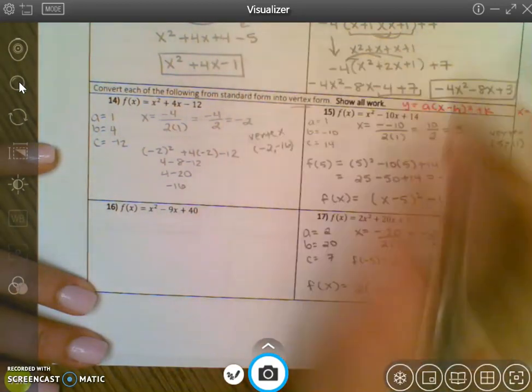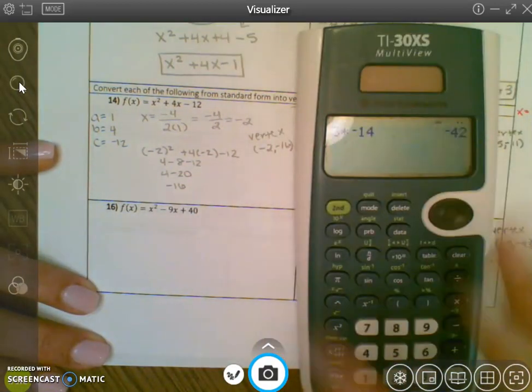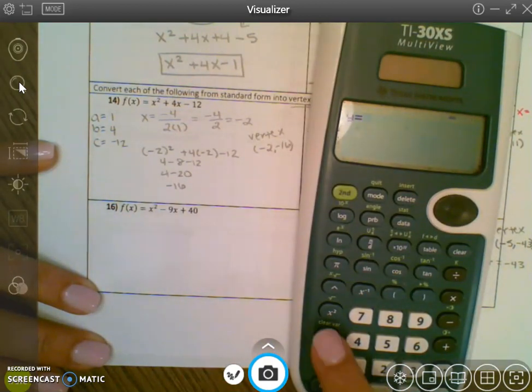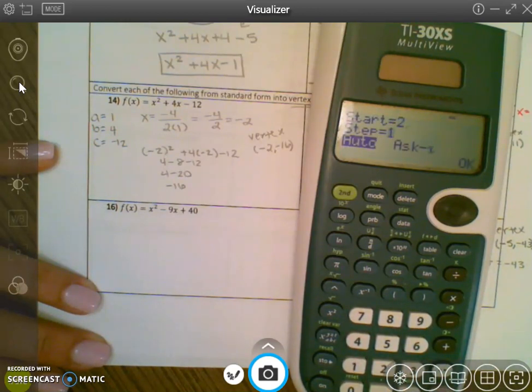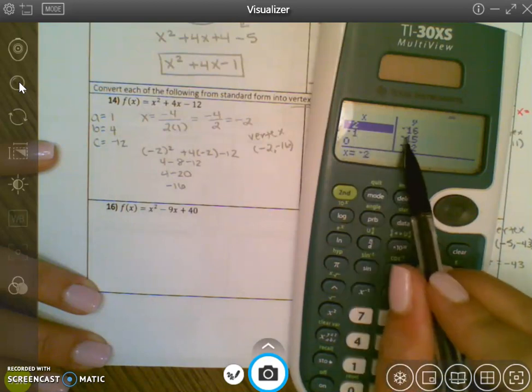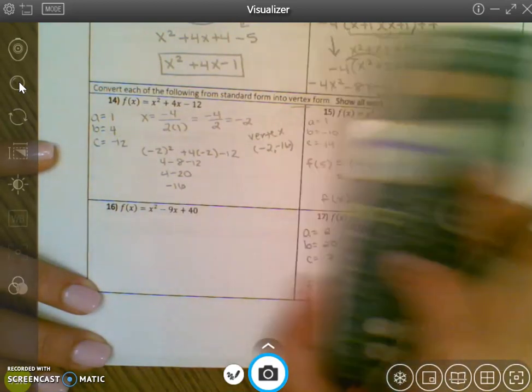Negative 16. And remember, if you want to check your work, go to table, clear out what's there. x squared plus 4x minus 12, and I'm looking for negative 2. Negative 2 is negative 16, and that's what I found.